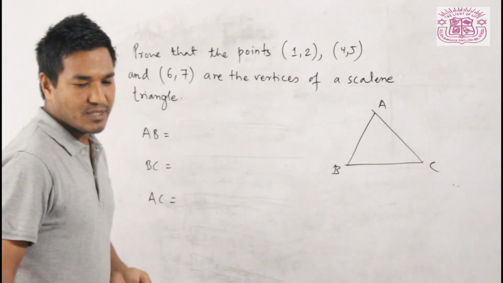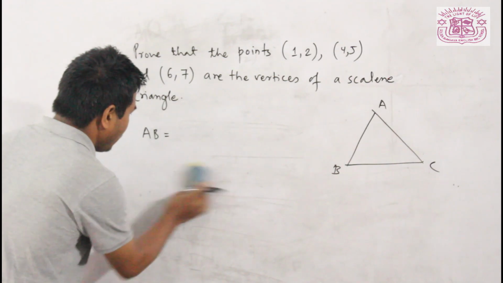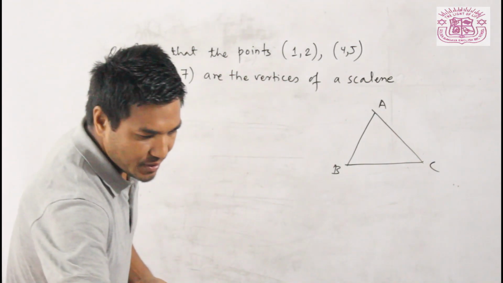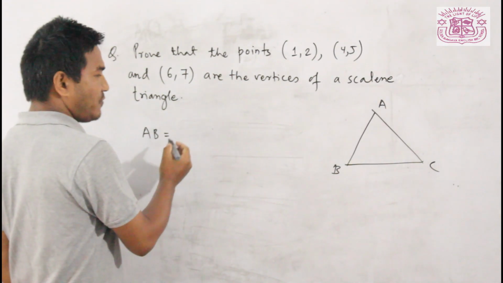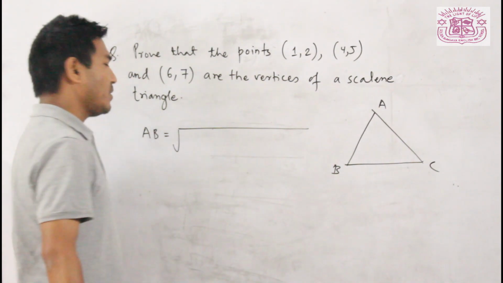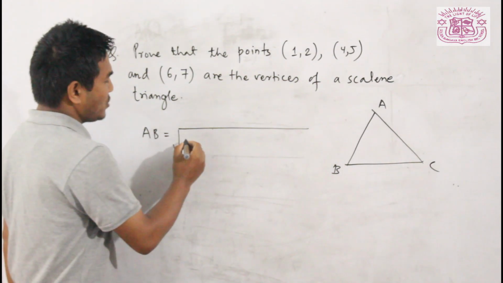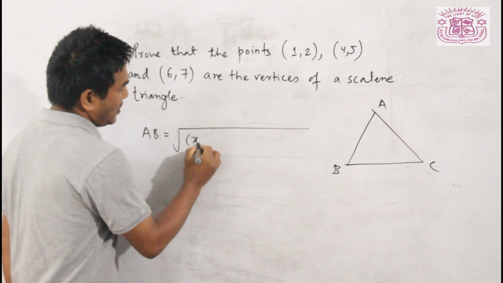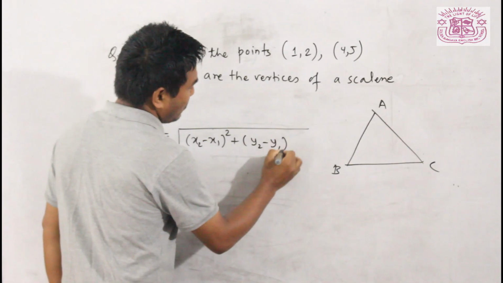Okay, so let's find out the distances. First of all, we will find out the distance of AB. For finding the distance of AB, we use the same formula, that is x2 minus x1 whole square plus y2 minus y1 whole square.